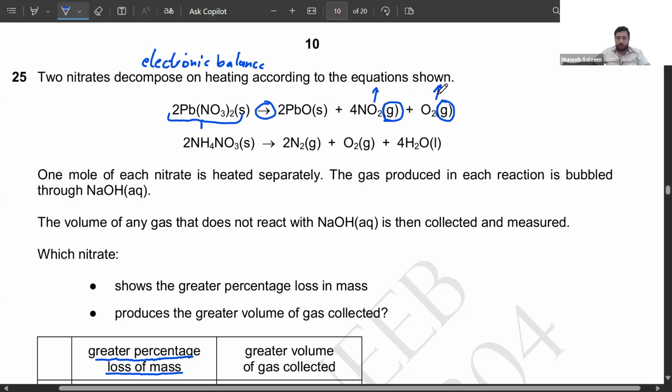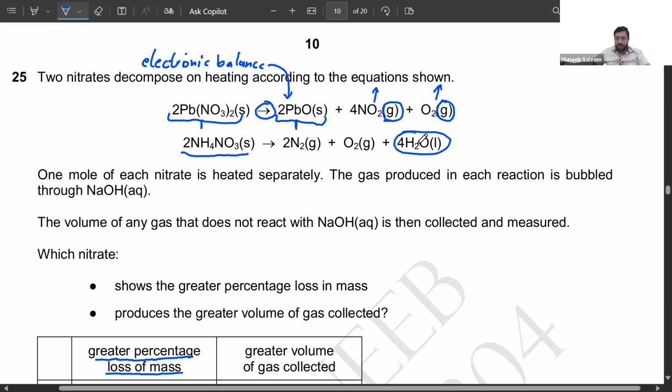So when they escape out of the system, the mass of only PbO will be there to be measured, and the electronic balance will only be able to calculate the mass of this solid compound. And similarly for the second reaction, the electronic balance initially calculated some mass of the ammonium nitrate, and when the reaction was done completely, it would only be able to calculate the mass of the water as a liquid.